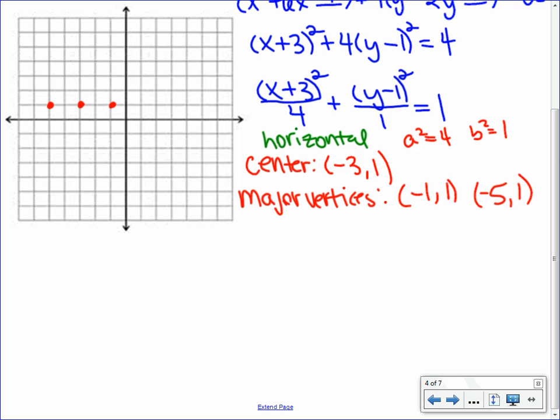What is b? 1. So vertically, because we're with the y, we're going to go up 1 and down 1. So our minor vertices, because this is where we're shorter, are at negative 3, 2 and negative 3, 0.